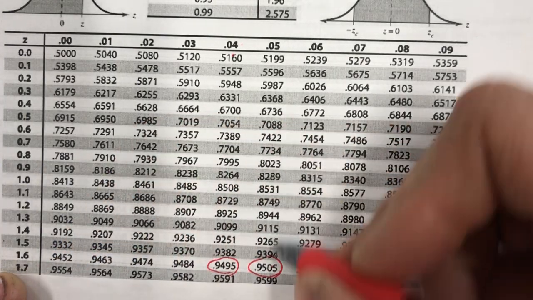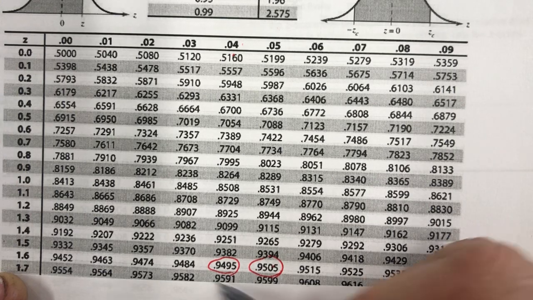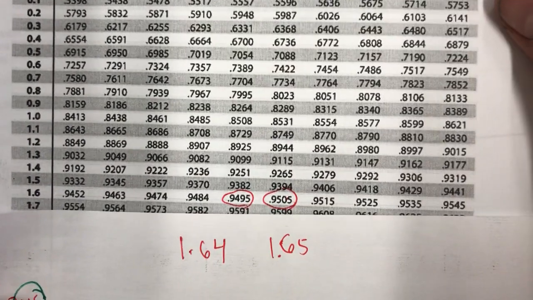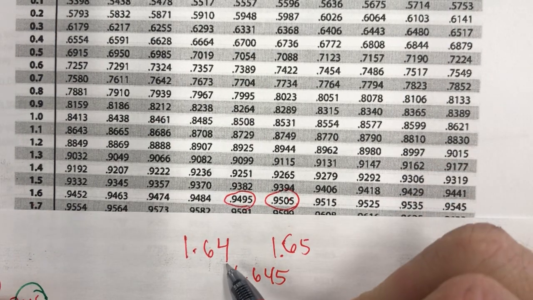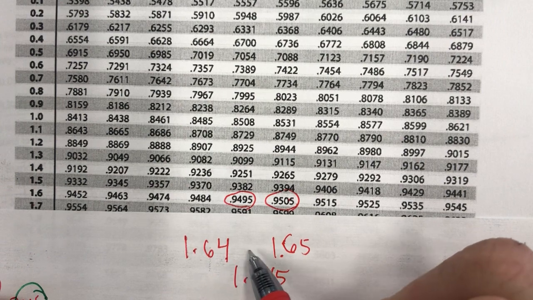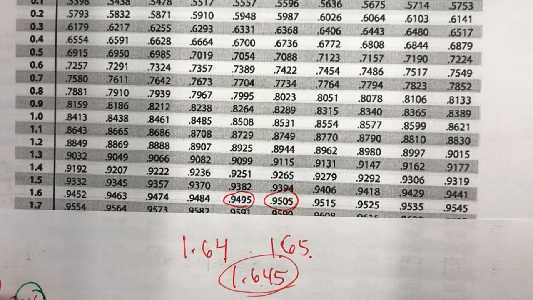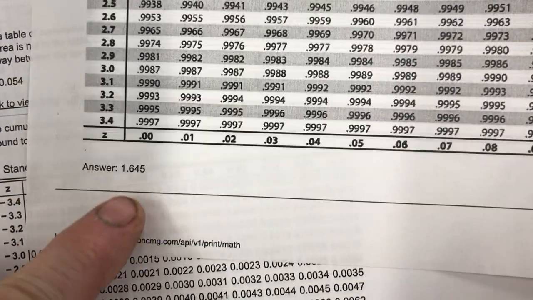And this one is 1.65. So it's in between those, which means it'd be 1.645. See, 1.64, and then halfway to 1.65 would be 1.645. And so this is the value that we're looking for, and you can see right here, yeah, 1.645.